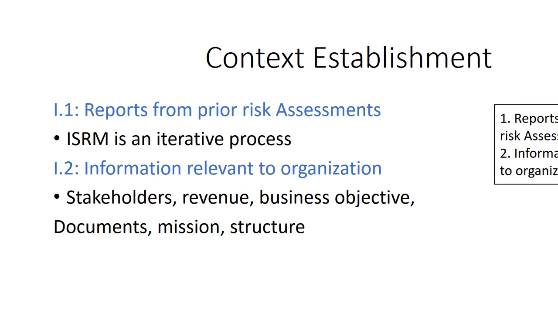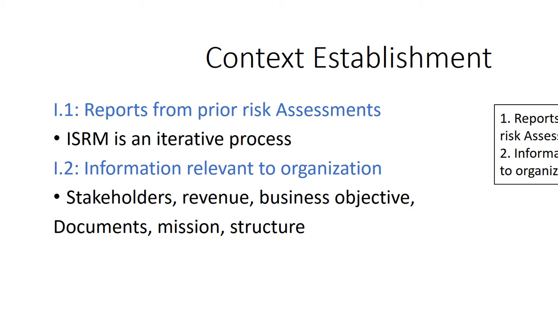As an input, we need mainly two types of information here. The first one is the report from prior risk assessment. I told you that information security risk management is a continuous and iterative process, right? So if you have already conducted information security risk management previously, then you must have access to the reports and everything that points out the outcome of that.